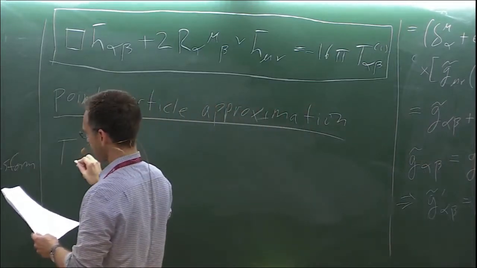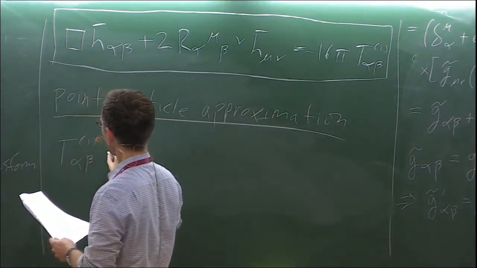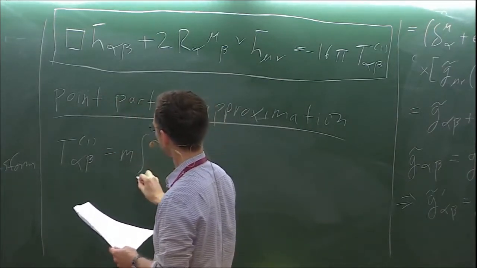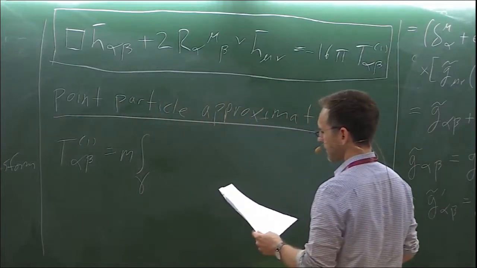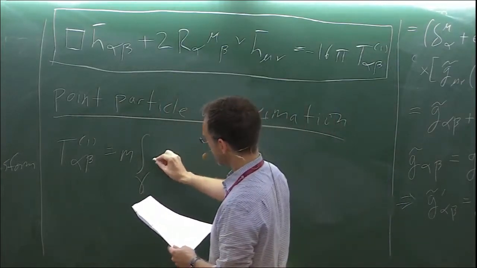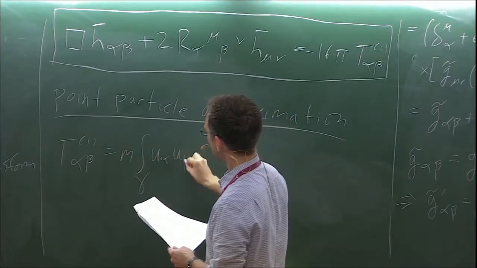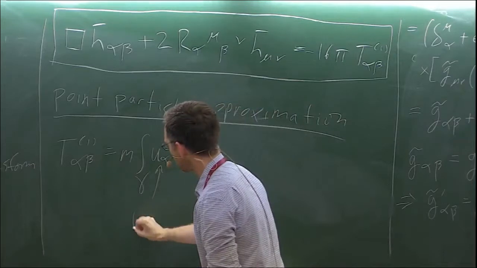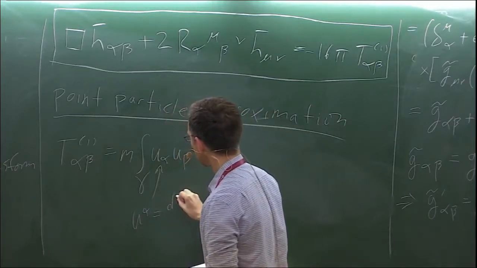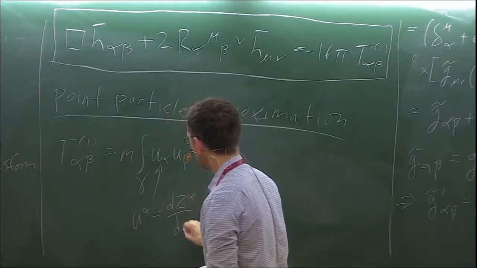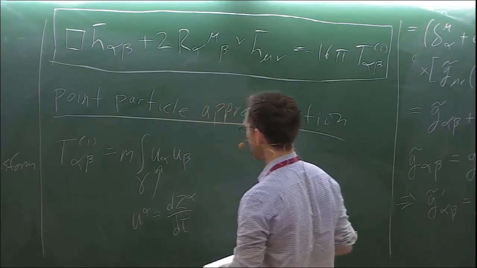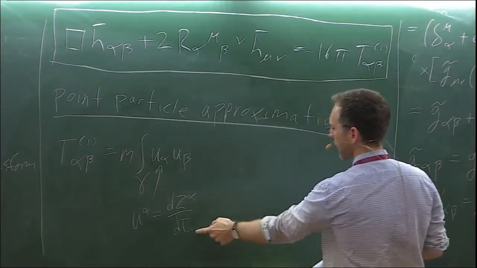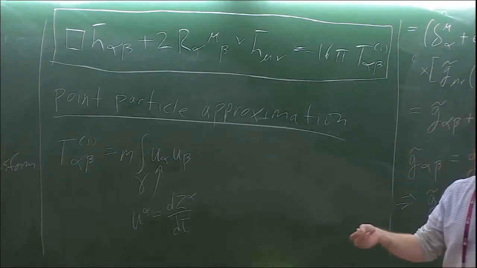So the point particle approximation is that the stress energy tensor is the mass of the small object times an integral of the 4 velocity. So u here is dz^α/dτ, where z is the coordinates on the world line γ, and τ is proper time as measured in the background spacetime.